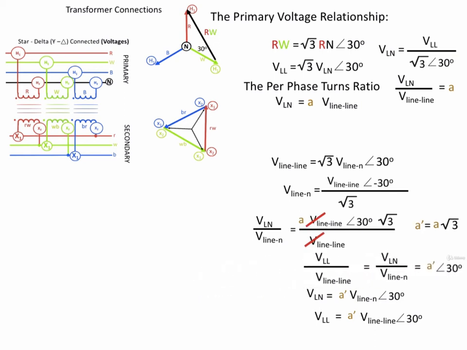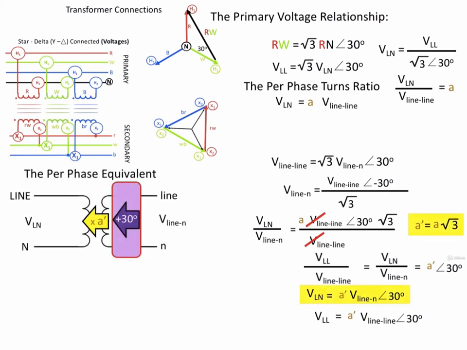We now have enough equations to establish a per phase equivalent circuit, and we use the formulas for voltage, line to neutral primary and line to neutral secondary, as our per phase, because we're talking about a balanced system here, so we can look at one phase, do the analysis, and then extrapolate it back to a three-phase quantity.